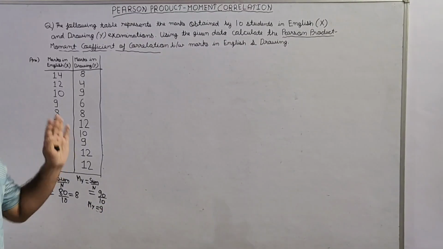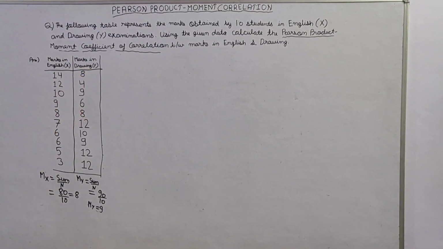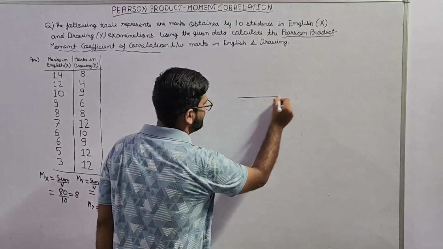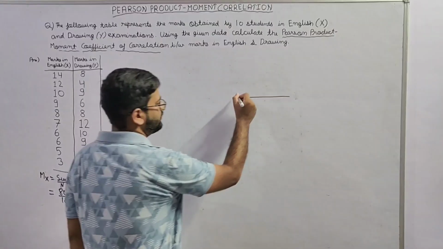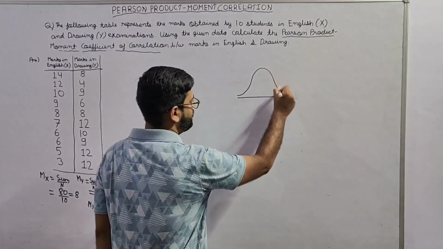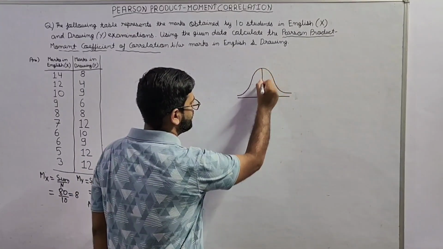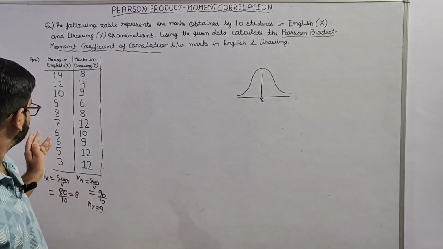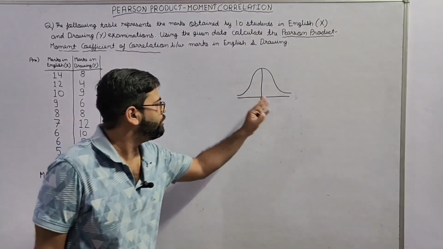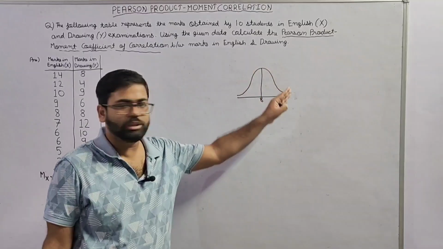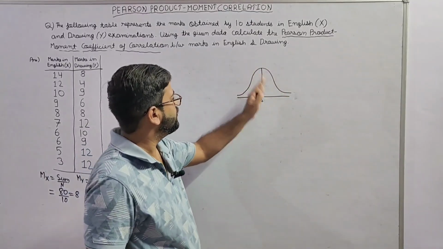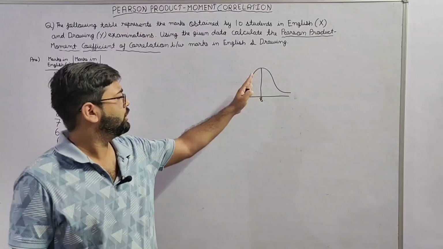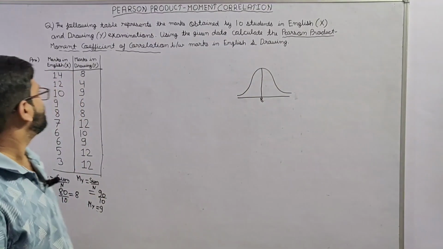As we all know, Pearson product moment correlation is a parametric test, so the data is represented in a normal probability curve. So mean is here, and all the numbers that are above 8 will come on the right side, whereas all the numbers that are below 8 will be on the left side.